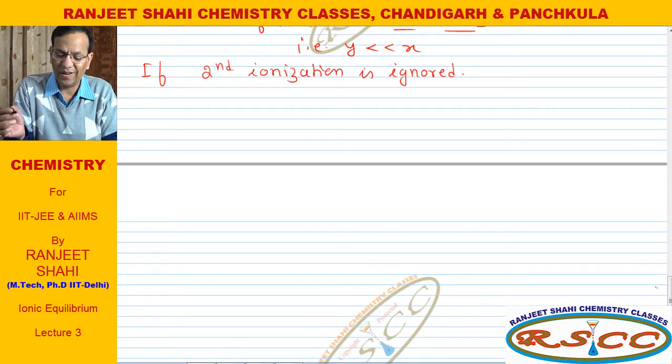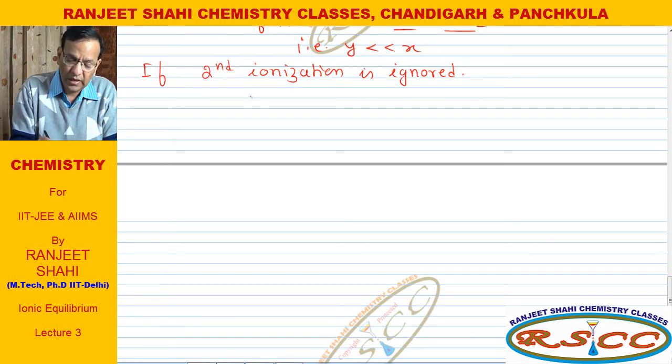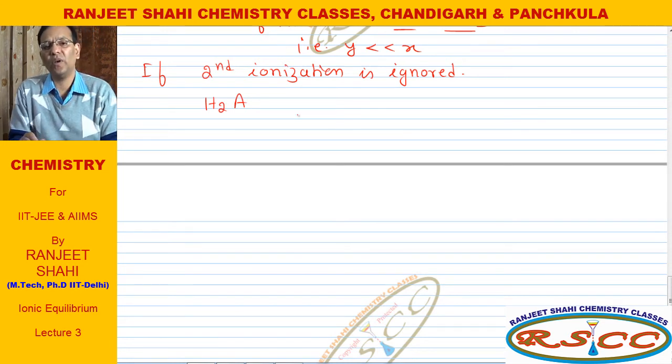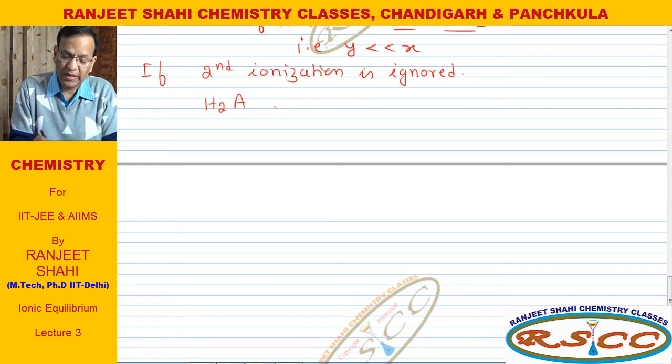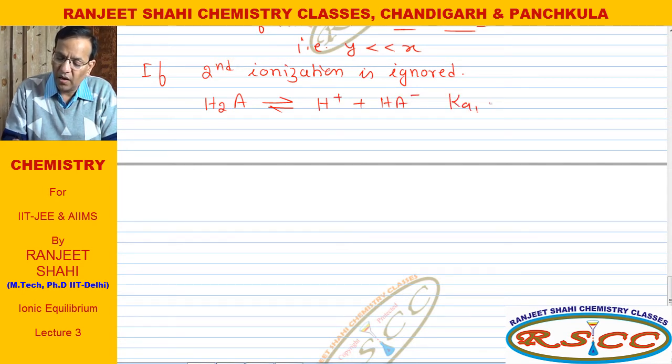So let us rewrite with this approximation that the acid will be ionized in the first step significantly. So ignoring the second ionization, this can be written as H2A giving H+ and HA-, and K1 is now H+ times HA- upon H2A.